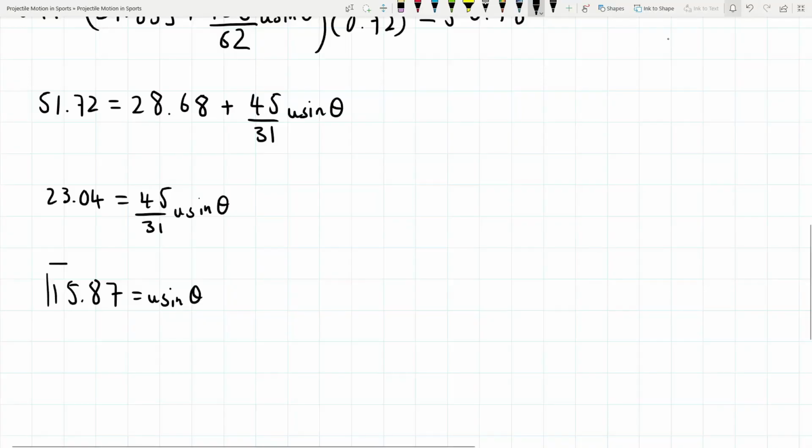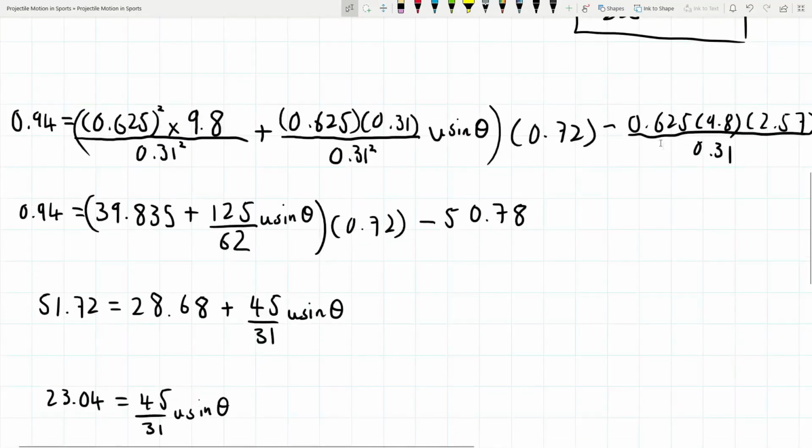So that's the second equation with u and theta. I'm just going to bring the other one down so we have them together.